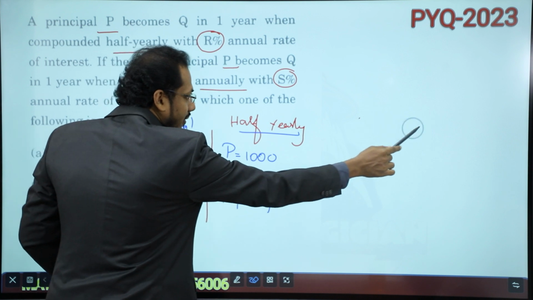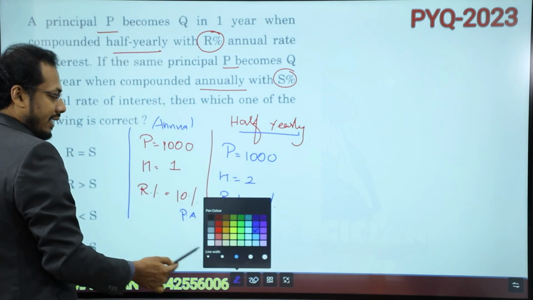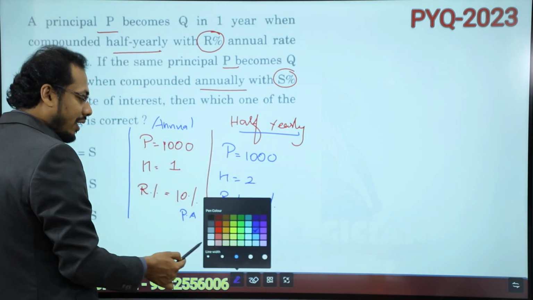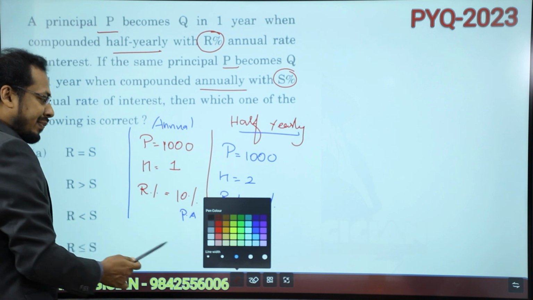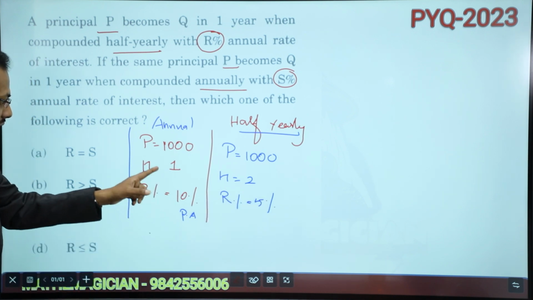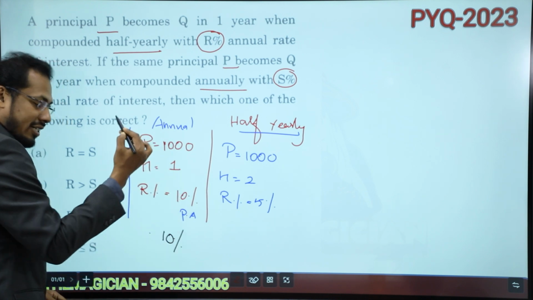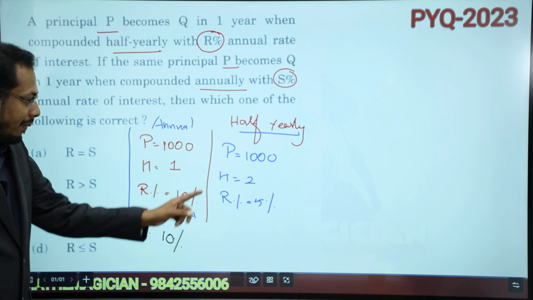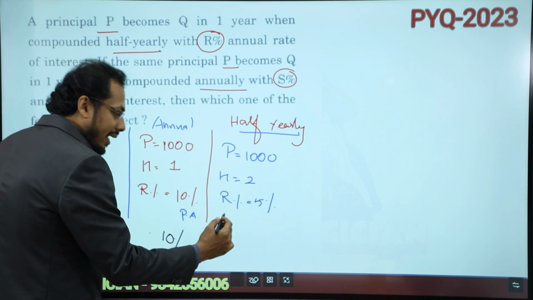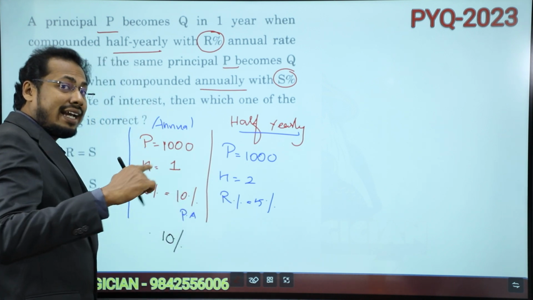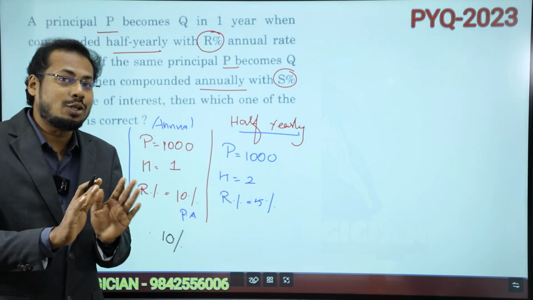Here we need to understand one thing, what is the calculation here? Look at this. Here for 1 year I am going to pay only 10% interest, but here first time I will pay 5%, again I will pay 5%, but that is not 10%.